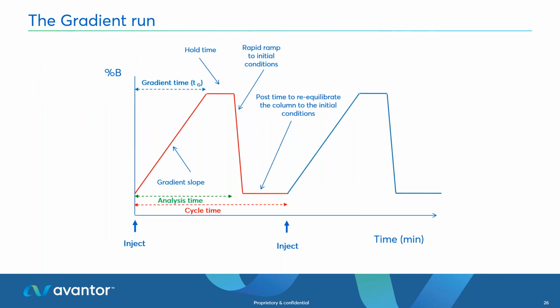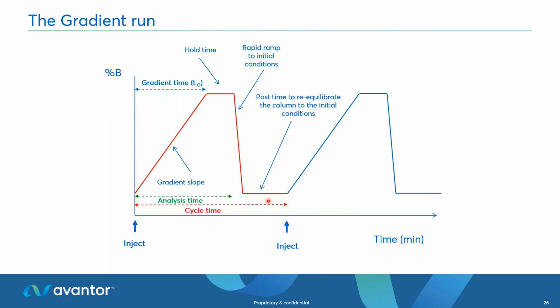Now, gradients are not just the kind of 5 to 95 in 10 minutes. We have a whole cycle that we need to think about when we're running a gradient. Obviously, we talk about this 5 to 95 in 10 minutes, but we also need to consider an isocratic hold at the end of the gradient, a fast ramp back down to our starting conditions, and then this nice section here of post time.